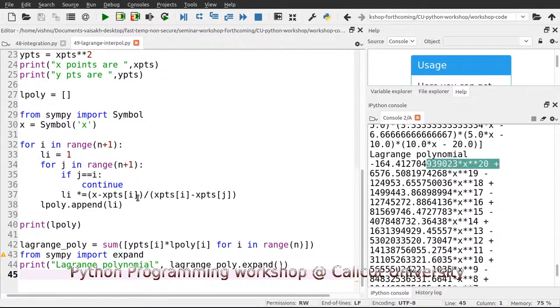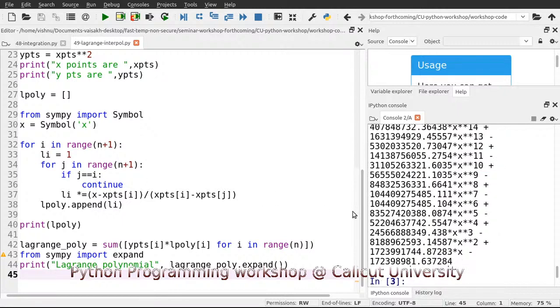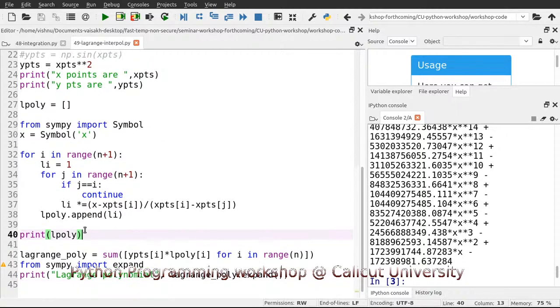So (x minus xj) by (xi minus xj). Once that polynomial is found, j equal to i is skipped. So the polynomial is found.